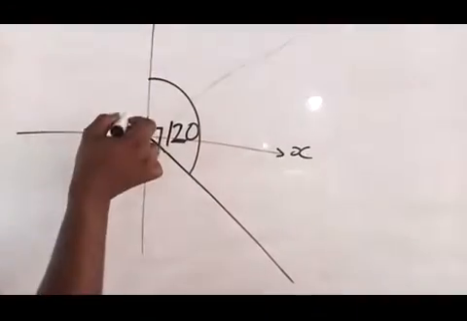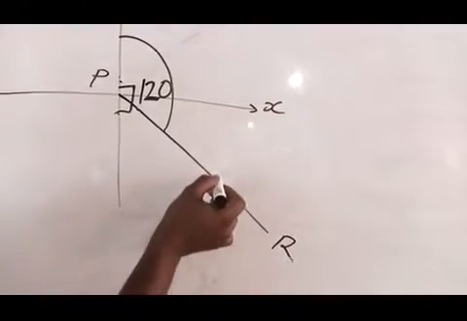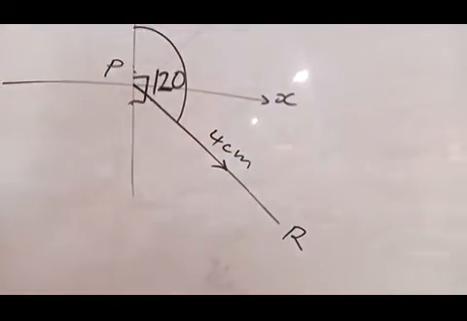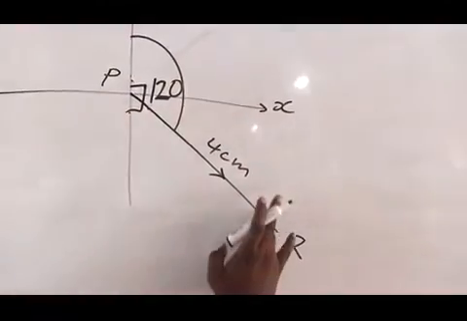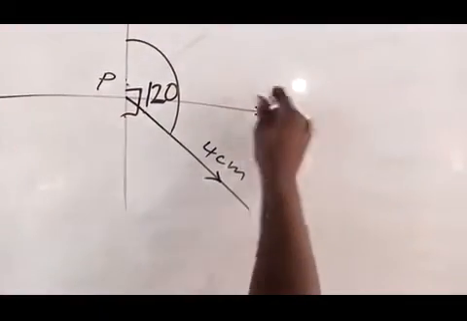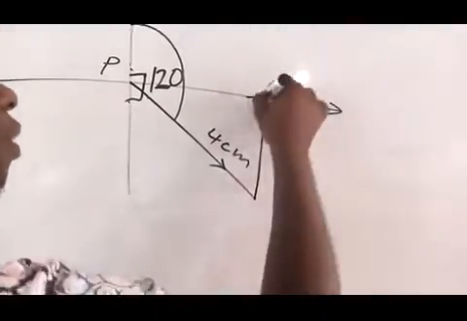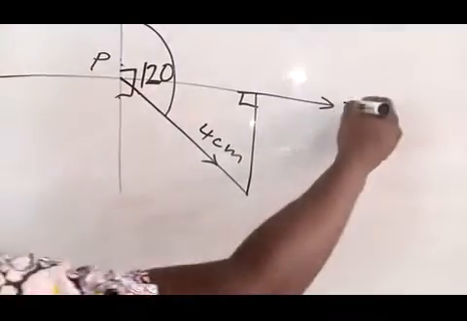Now we know that we are starting from P and ending at R, and the distance is 4 centimeters. Now that we've drawn this, we make a triangle with the x-axis so that we have a right angled triangle.